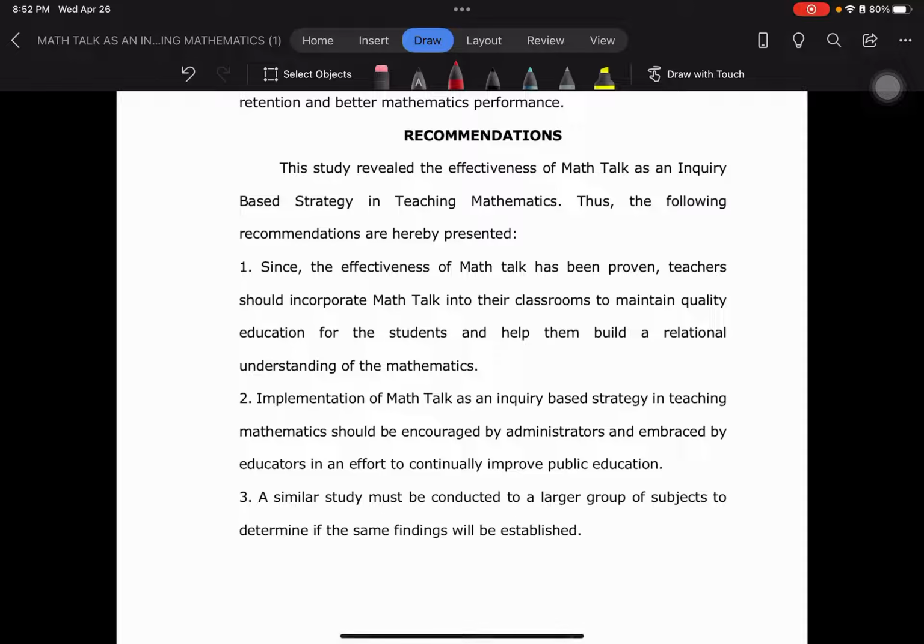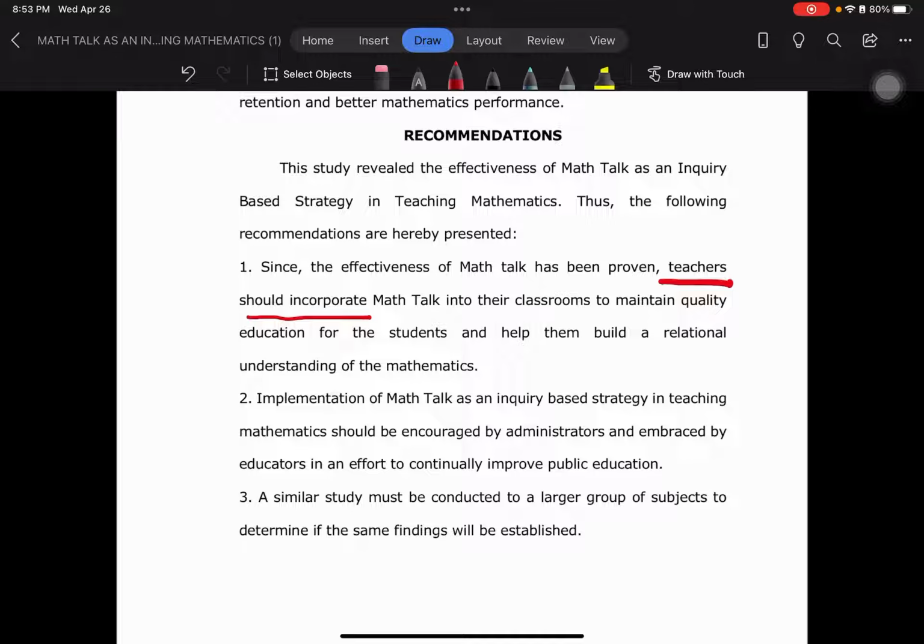So let us see if these were observed in the recommendation. Number 1, since the effectiveness of Math Talk has been proven, teachers is already the focal person, should incorporate, and this is already the action, should include Math Talk into their classroom teaching and learning process. Okay. Number 2, let us see if the action and the focal person are reflected.